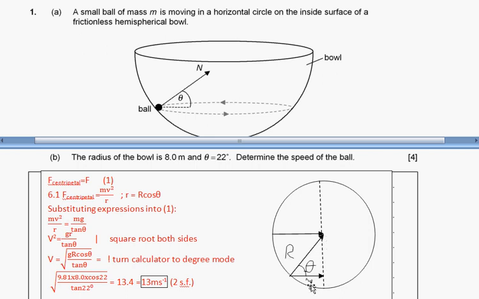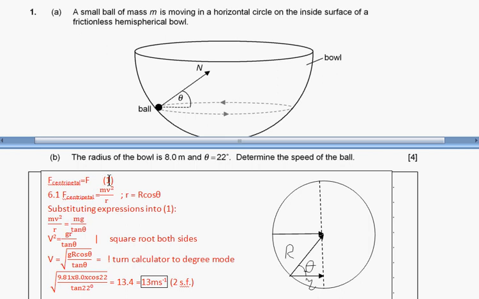So small r over capital R equals cosine theta, so r equals R cosine theta. Now let us move to the equation. First of all, centripetal force equals F. Centripetal force, from section 6.1 of the booklet, equals mv squared over r. r equals R cosine theta according to this picture.